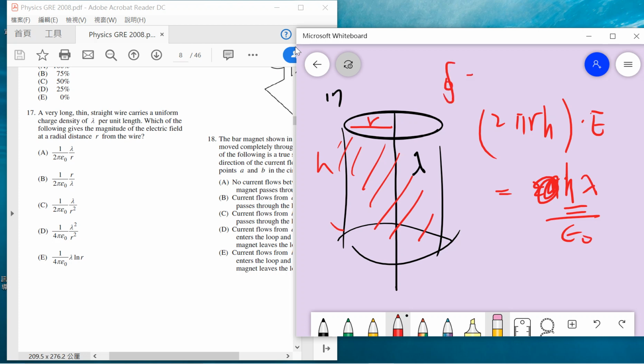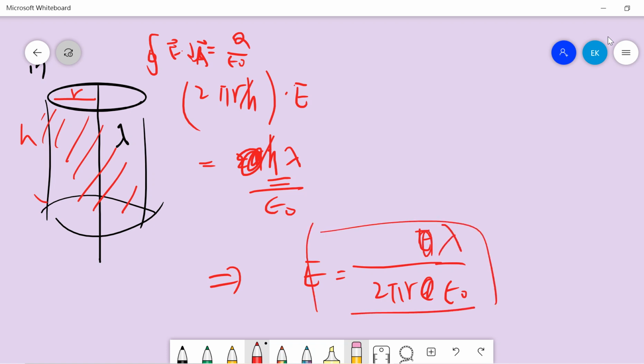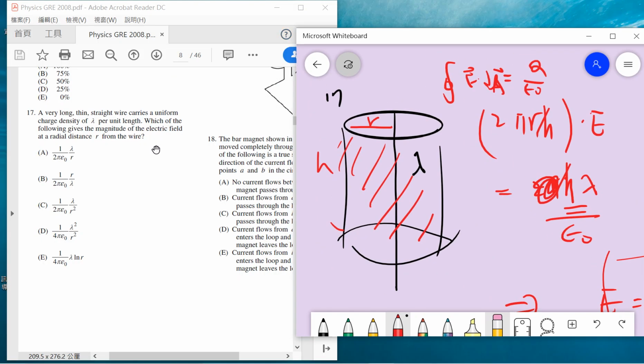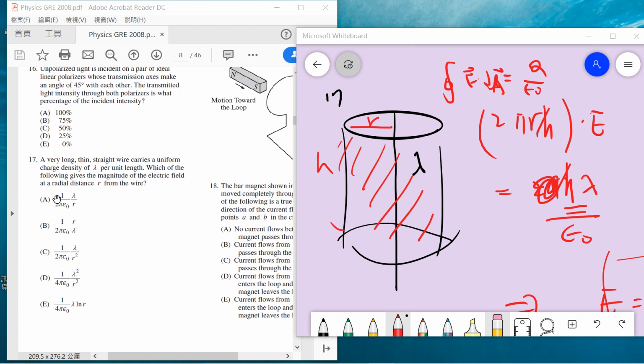So this is Gauss's law. This is dA. It tells you that the electric field E is equal to lambda divided by 2 pi epsilon naught R. So the answer is A.